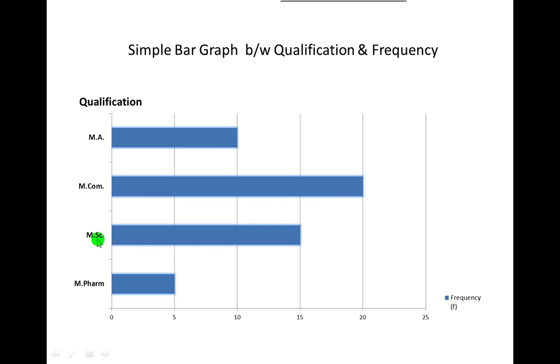So represent the second category according to the frequencies, 15 values, same as the third category, MCom 20 observations, next MA 10 observations. And this is the variable qualification, and there are 4 categories. This is the frequency. This type of graph is called a simple bar graph between qualification and frequency, between variable and observations.